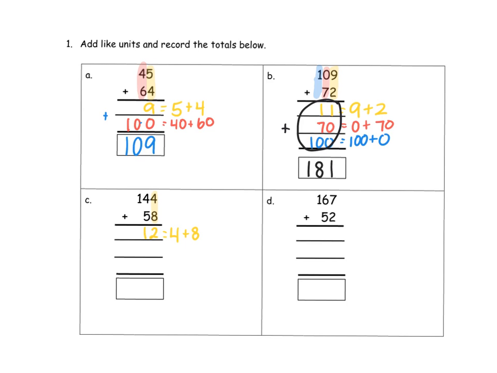Then I'm going to look at my tens place, 40 plus 50, because that's my tens place numbers. 4 tens plus 5 tens. That's like saying 40 plus 50. That equals 90. It's like saying, what's 4 plus 5? Well, 4 plus 5 is 9. So what happens when you do 40 plus 50? That equals 90. And then I look at my hundreds place, I have 100 plus nothing.